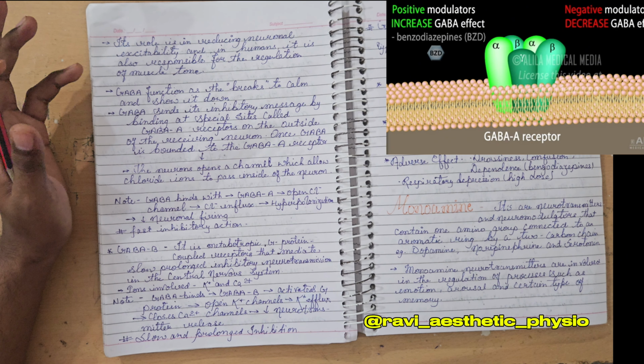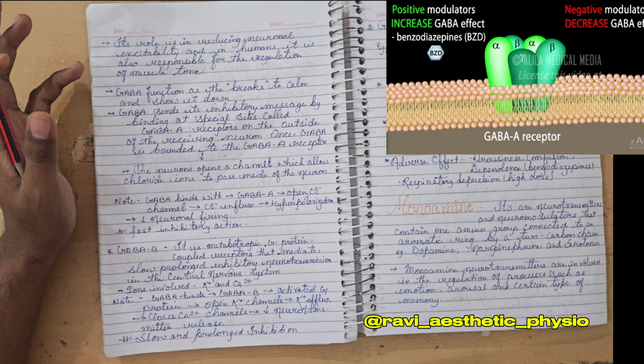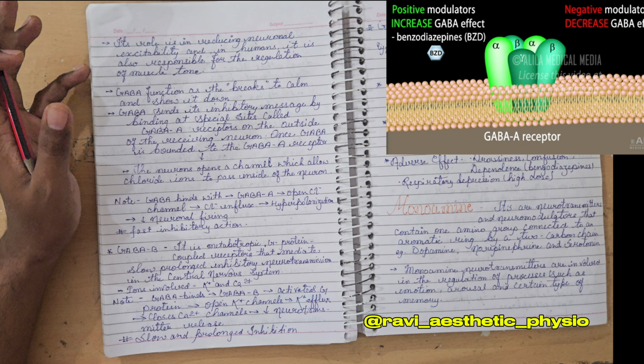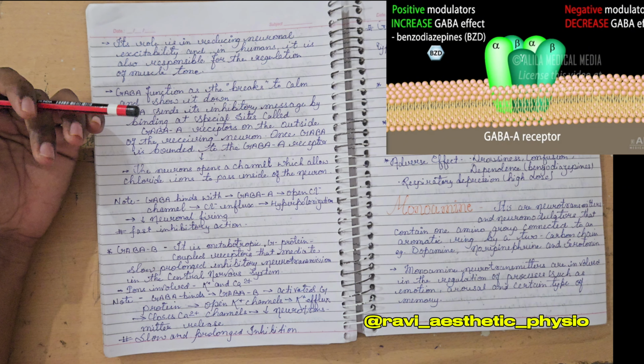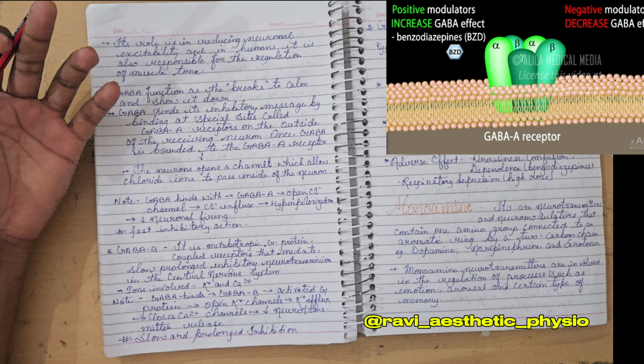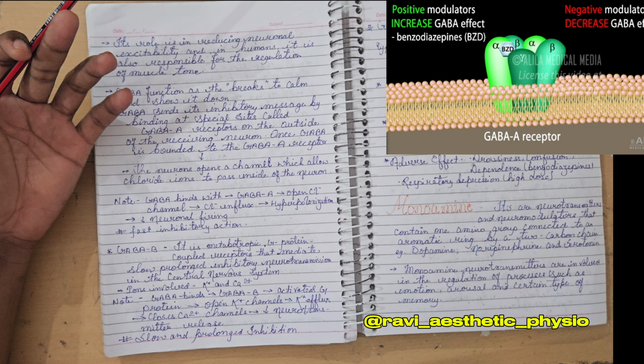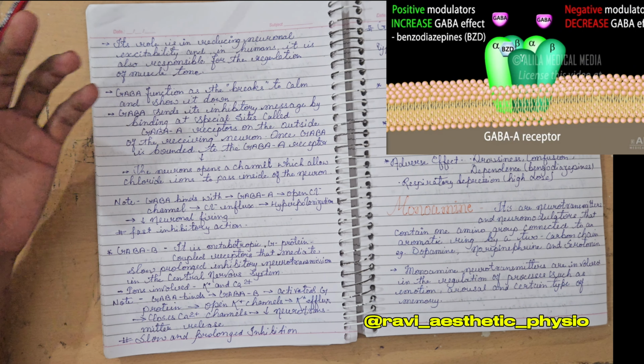So note: GABA binds with the GABA-A receptor and opens the channel, ions influx inside, hyperpolarization occurs, and neuronal firing is slowed, giving a fast inhibitory action.